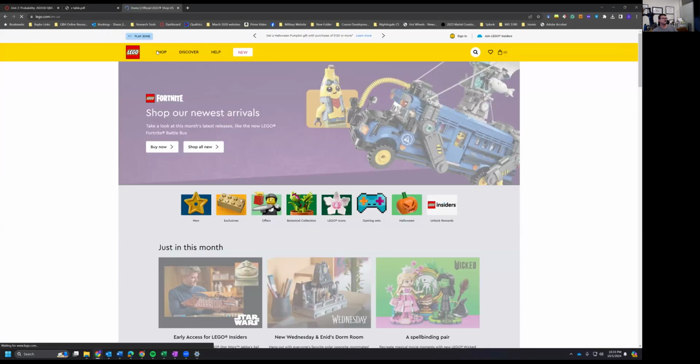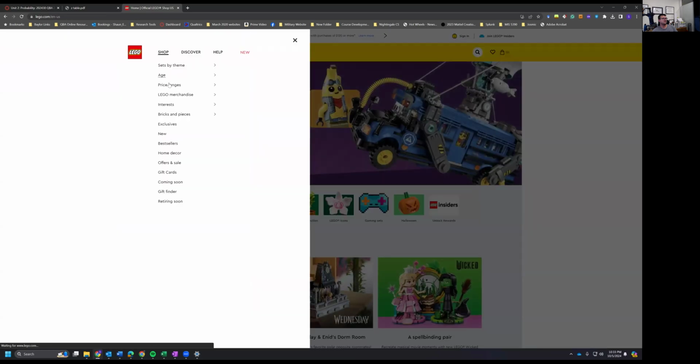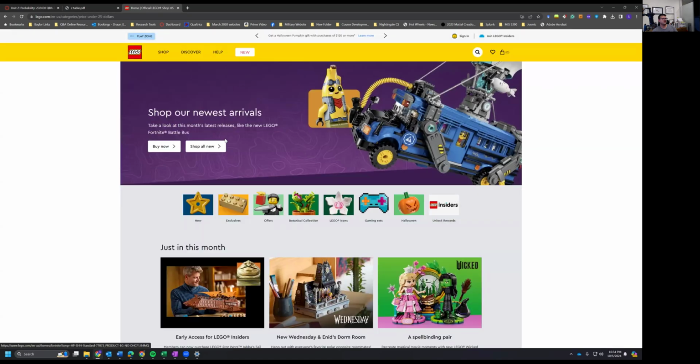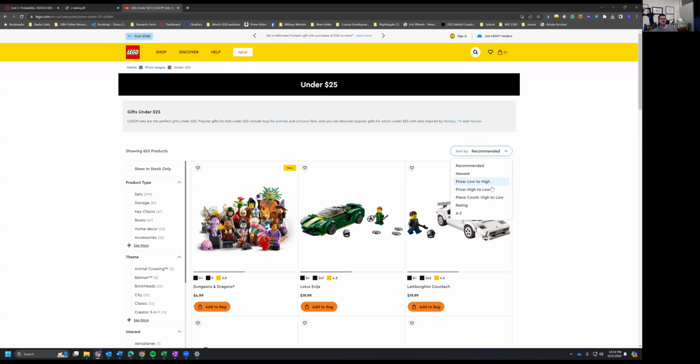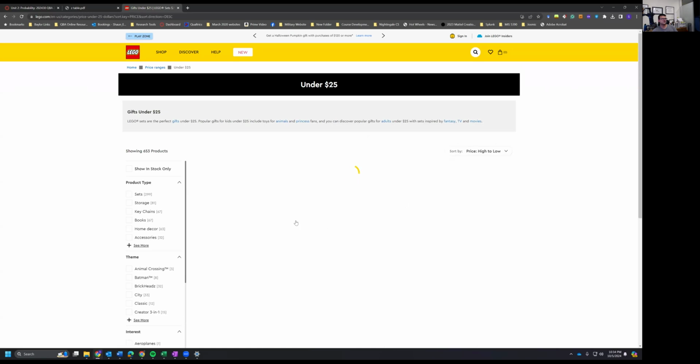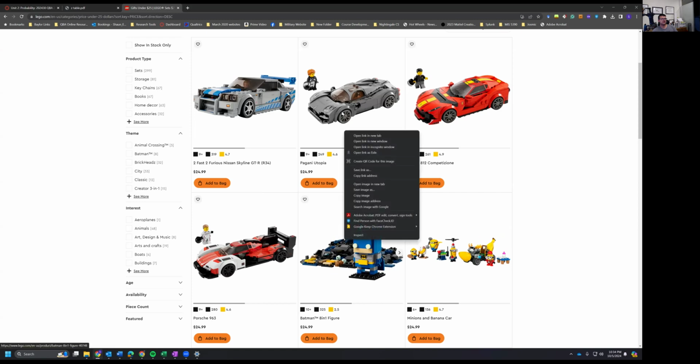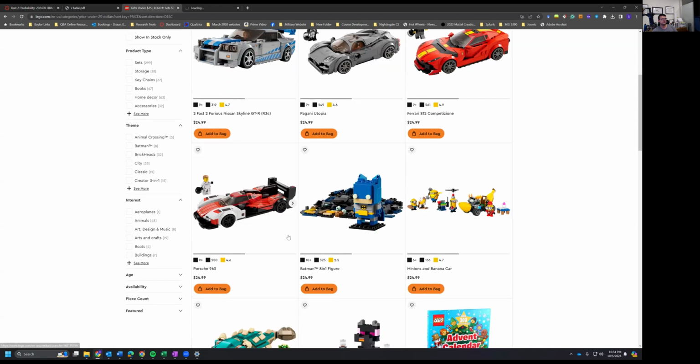Okay, and then let's go shop, price ranges under $25. Let's sort by high to low. Okay, so we've got some Lego sets. Oh, yeah, it has it right here. 319. This is great.